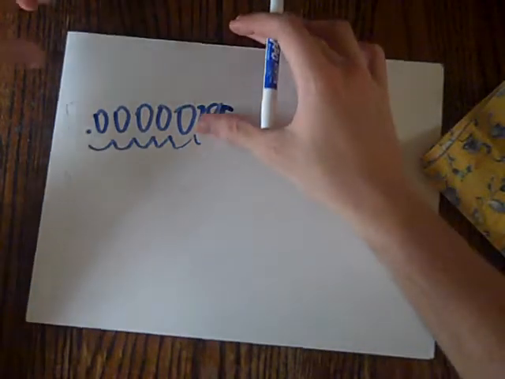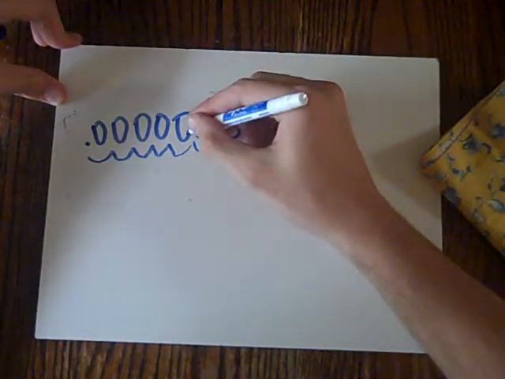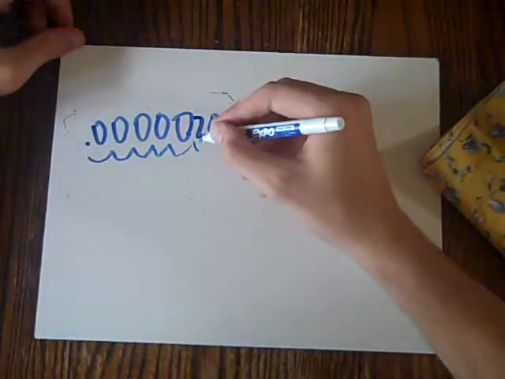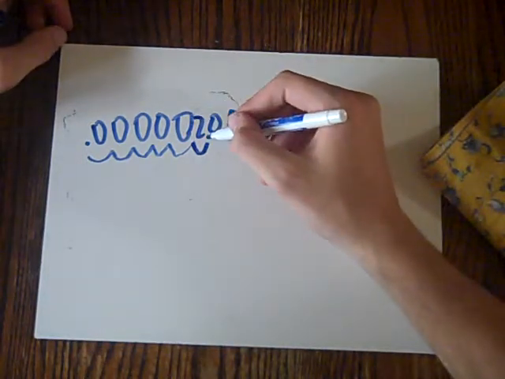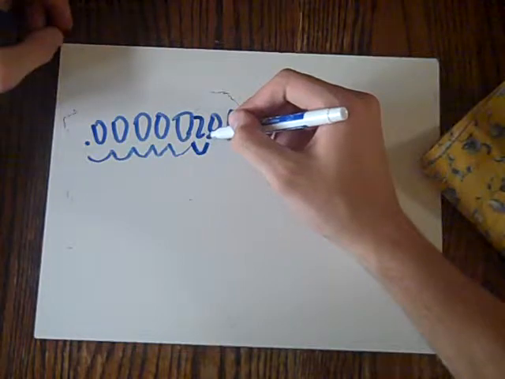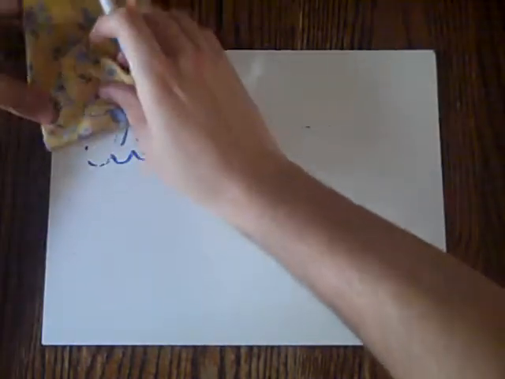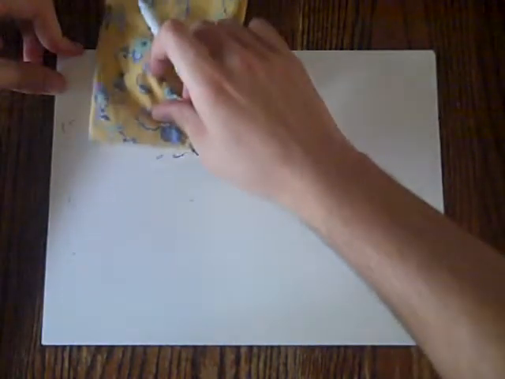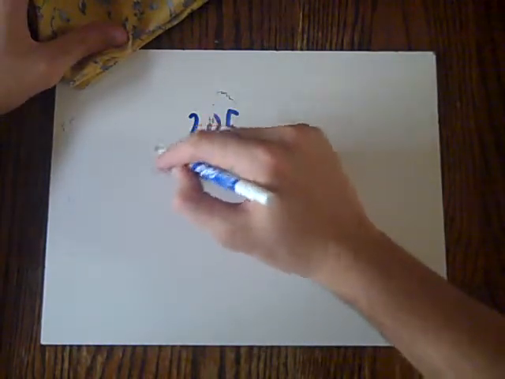what if it was like 2.05 instead of 2.85? That's a good question. Well, you just move it over here and then stop here. Just right after the highest number is where you stop. So yeah, basically it ends up being 2.5.